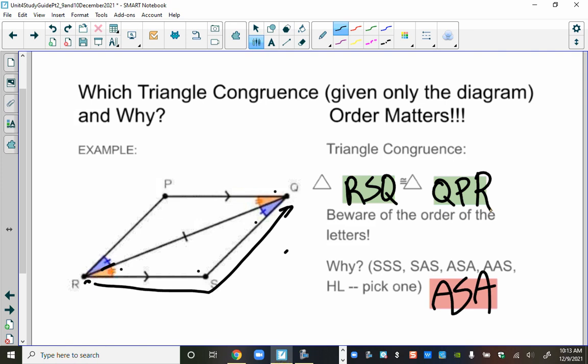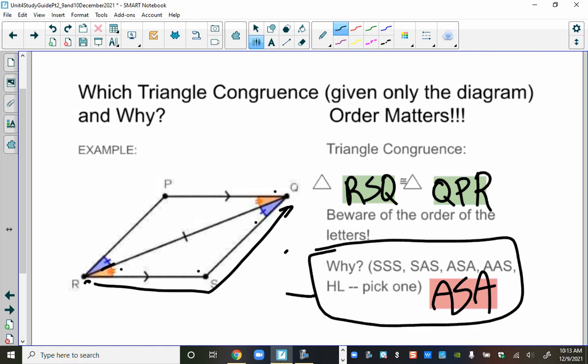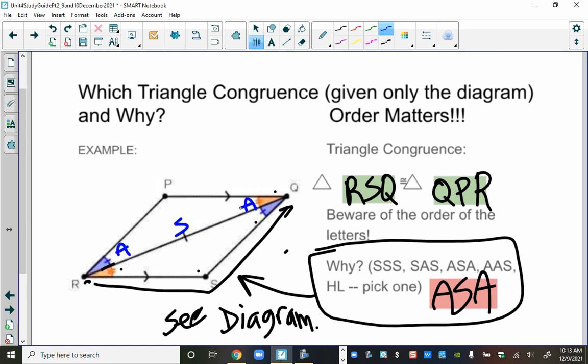Is it triangle congruence or the diagram? Got to go from the diagram. So again, this is memory lane. See diagram. And you gotta get it from the diagram in the end.